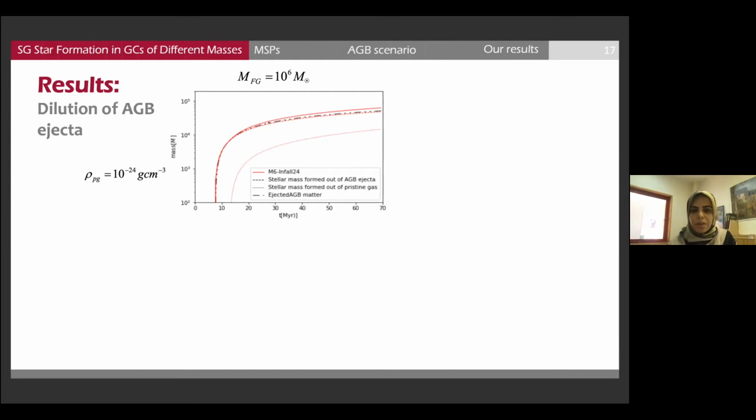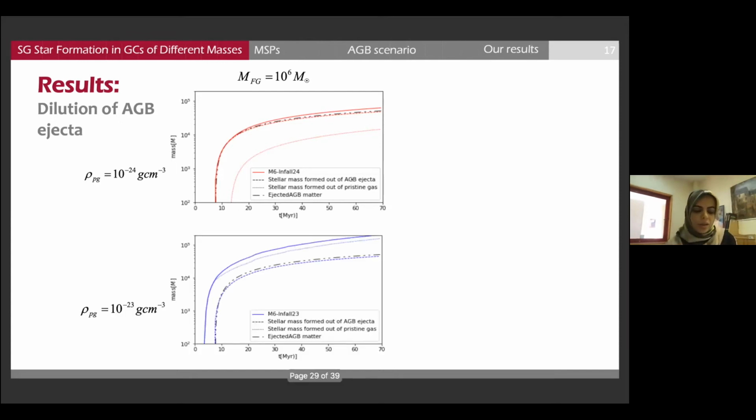When we compare this dashed-dotted line and dotted line, we can conclude that this cluster can retain all AGB ejecta, and we can see that most of the second generation mass comes from just AGB ejecta.